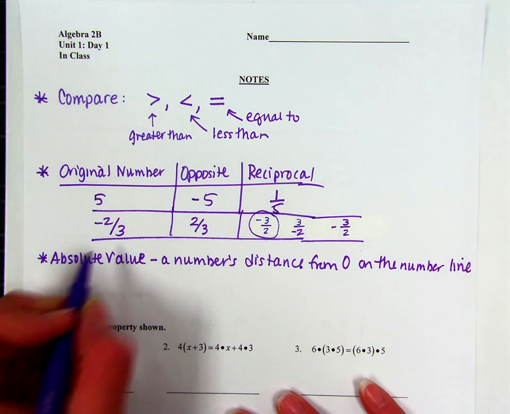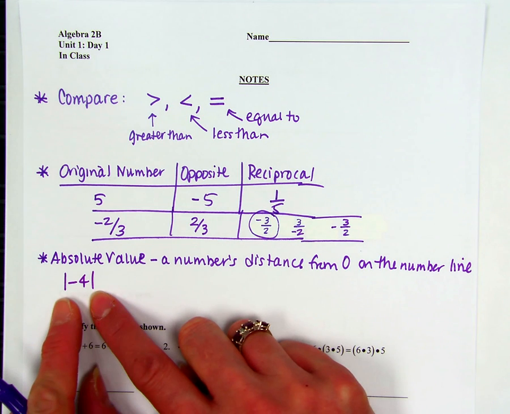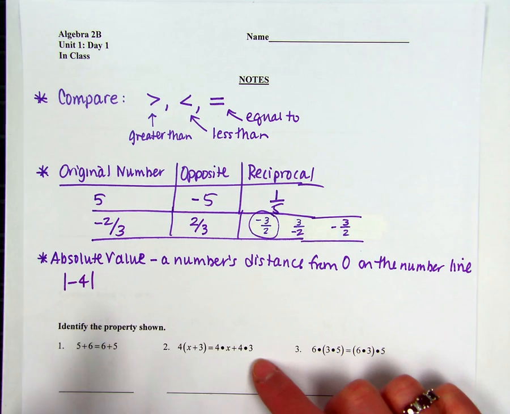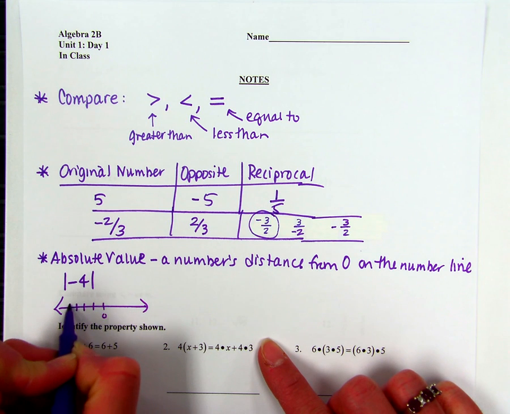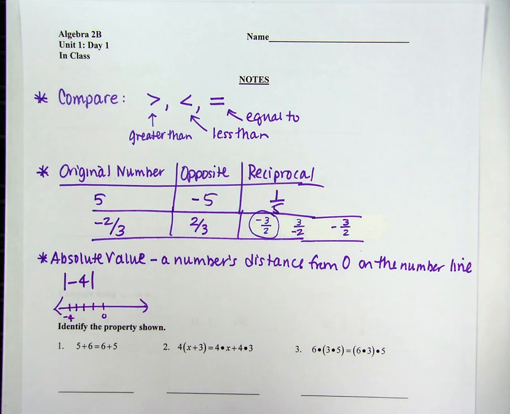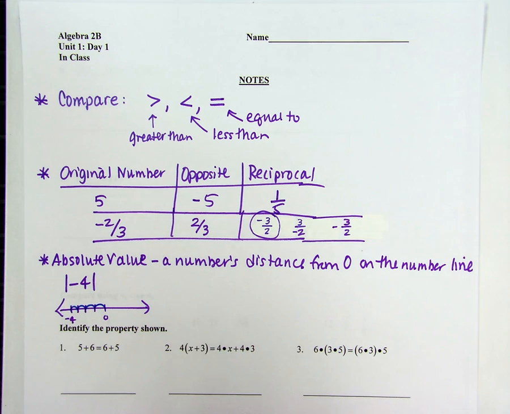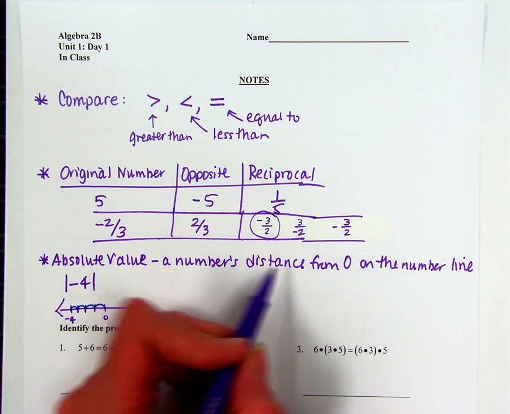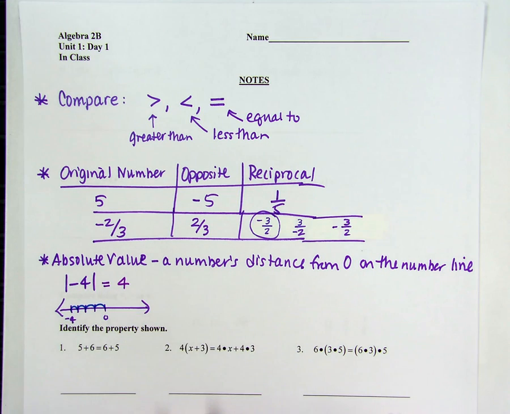So if I'm asking you what is the absolute value of negative 4, you're going to see this notation. That means absolute value. If you think about the number line, here's the number 0, here's the number negative 4. How far away is negative 4 from 0? It's 4 units away, right? And so distance is always going to be positive. So the absolute value would be 4.